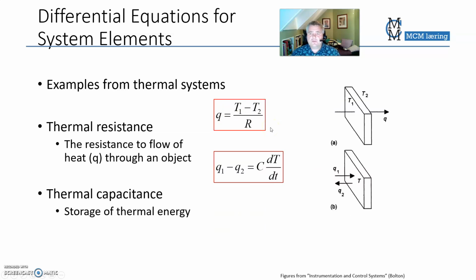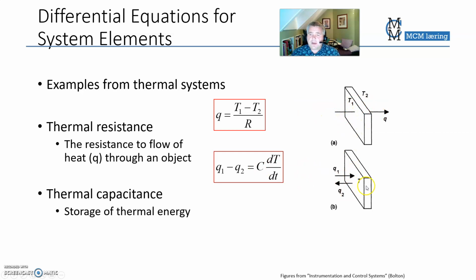You have it in thermal systems. Note that you don't have here a second order differential. You have something called a thermal resistance, and you have thermal capacitance. Thermal resistance is associated with how hard it is to get heat from one point to another, like through an insulated window or something.